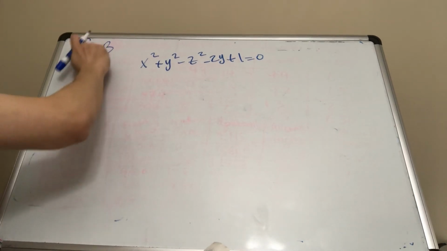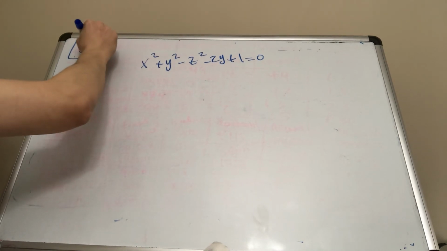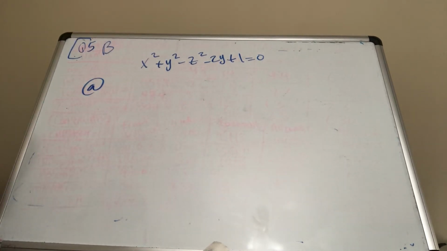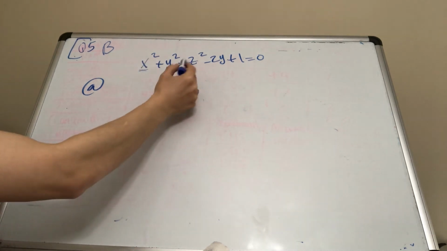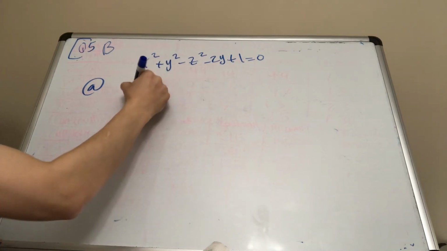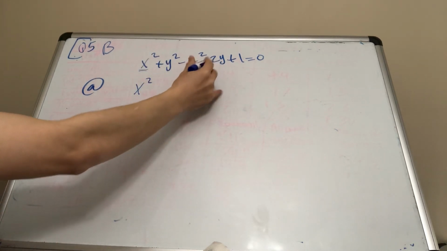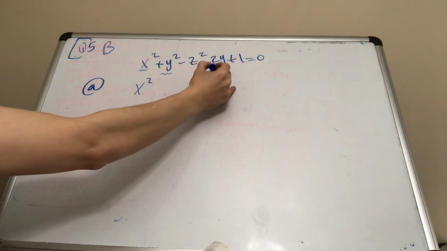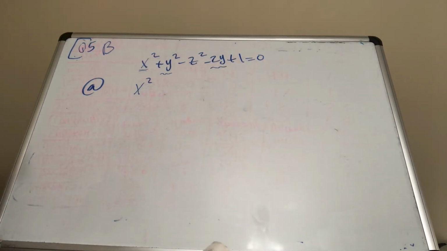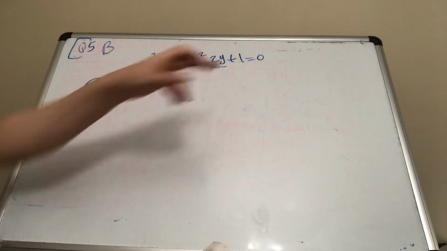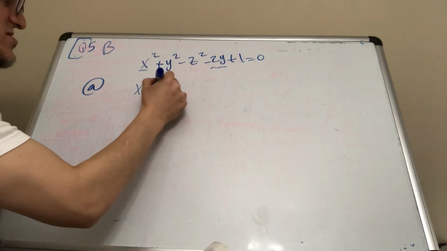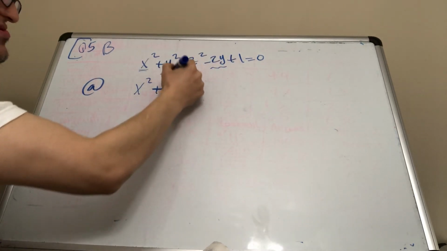This is question 5. The question is to complete the square. Completing the square for the x squared. Do you see another x by itself? No, so you bring it down. Y squared, we have this and we have this. So there is what's called the middle term, the 2y. So what you need to do is you complete the square for this.